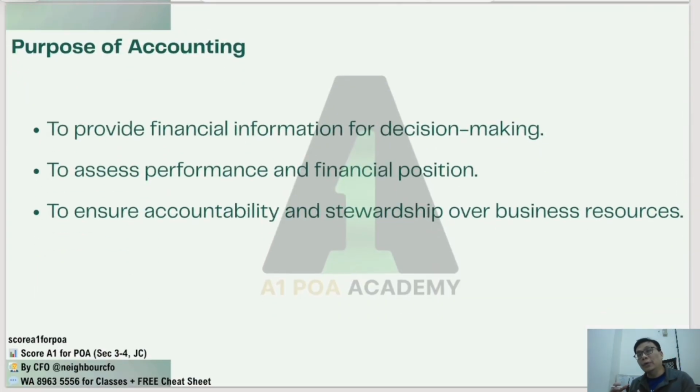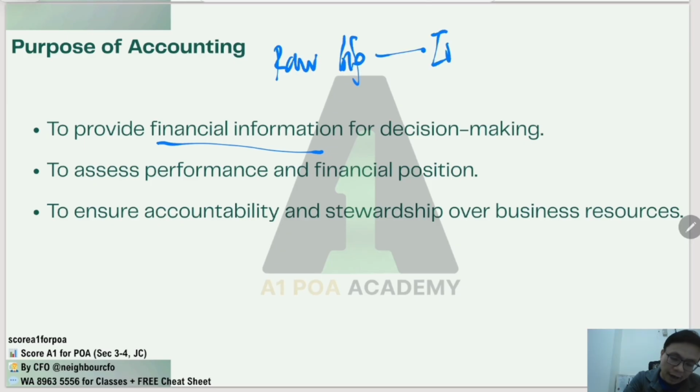So since we already understand the definition of accounting, let us now look at the purpose of accounting. The purpose of accounting is to provide financial information. So you provide financial information whereby you have raw info. You go through IRCSI. You have thereafter useful info.